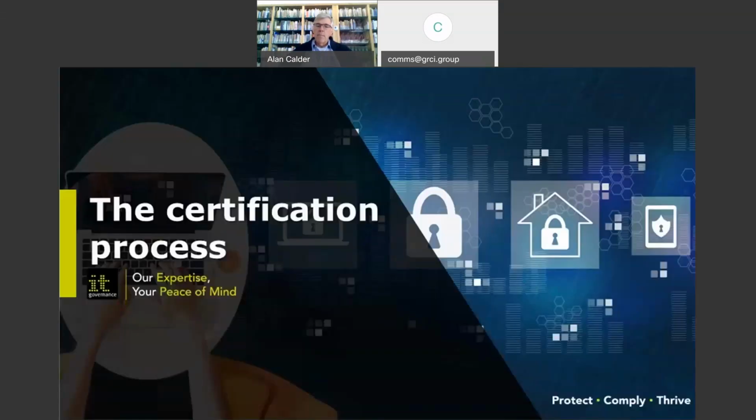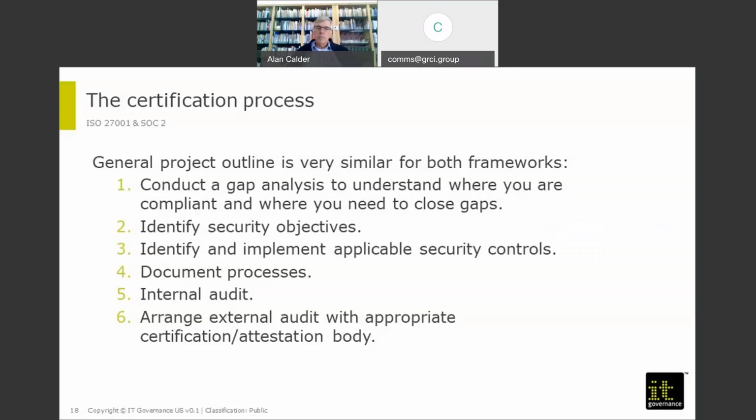The biggest impact really is going to be in cost of initial audit. We find typically that the ISO 27001 initial certification audit could be a third of the price of the initial SOC 2 audit. But that again can depend on market forces and who's doing what, but there is quite a significant price difference right up front.